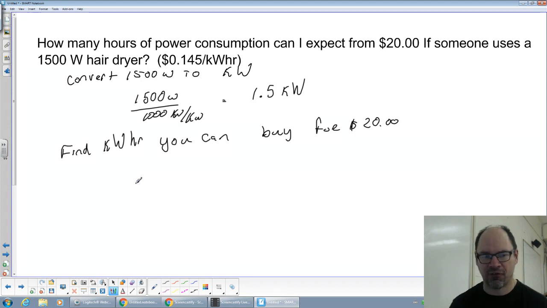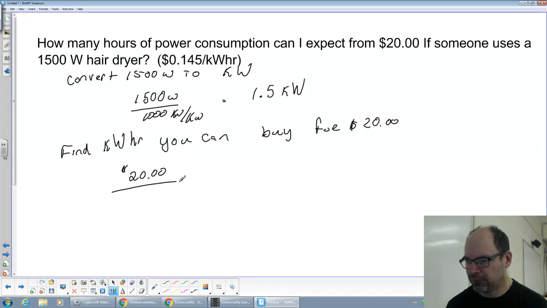So cost divided by price, not kilowatt hours, pardon me, will equal the kilowatt hours.